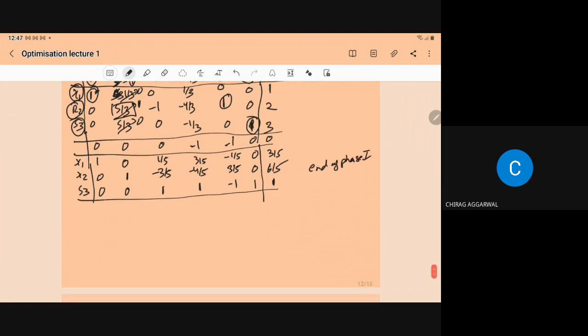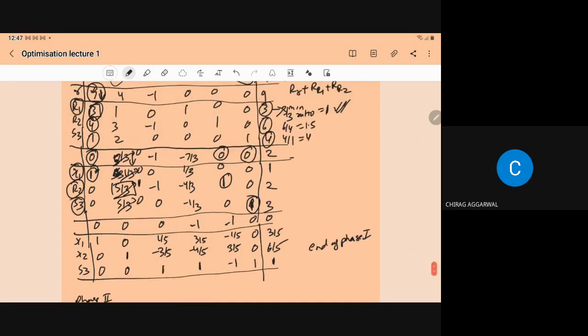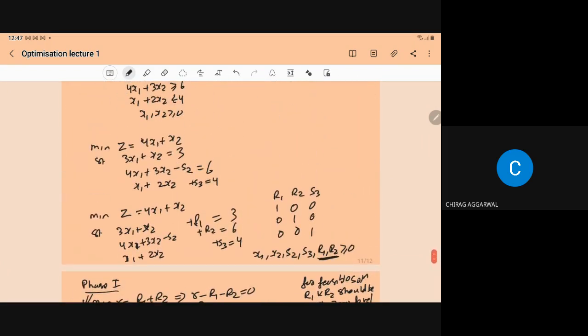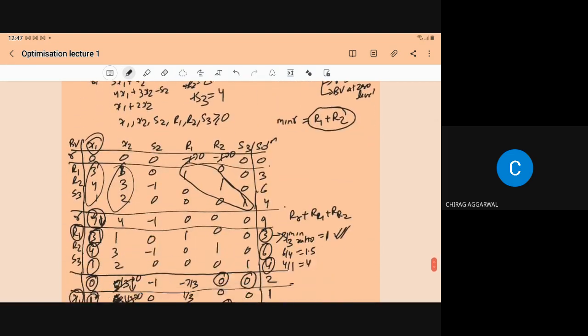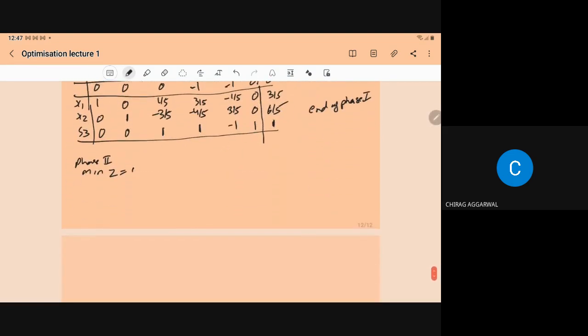So in phase 2, the objective function is: minimize z equal to 4x1 plus x2.